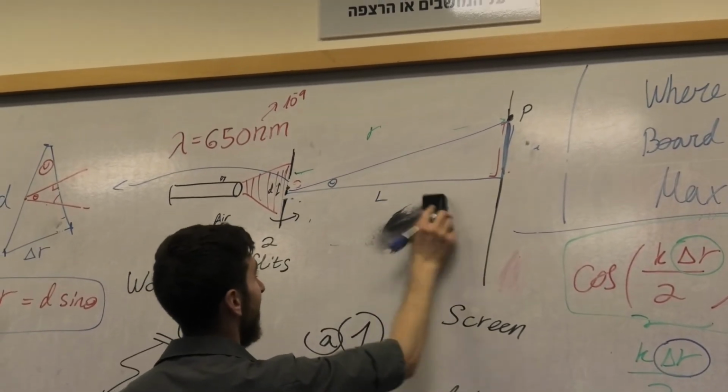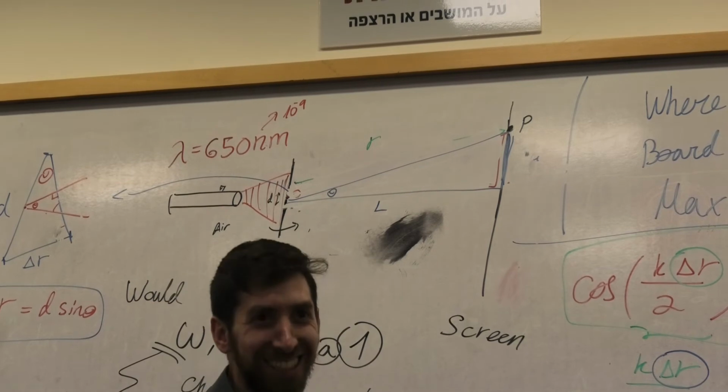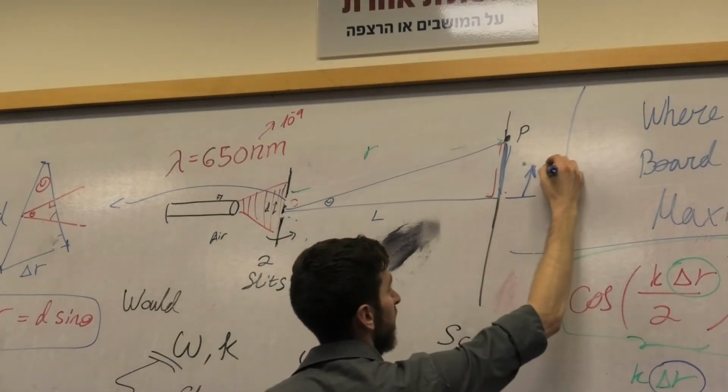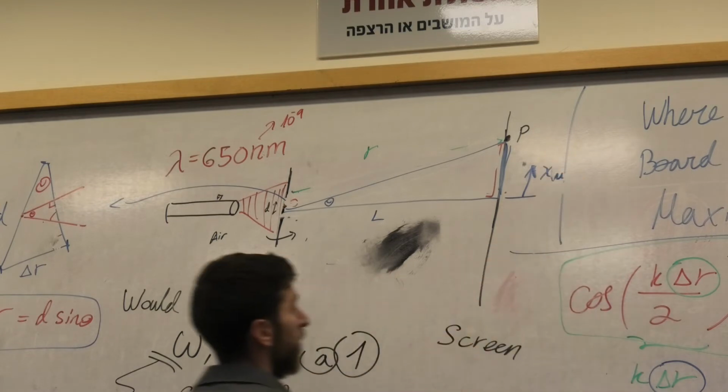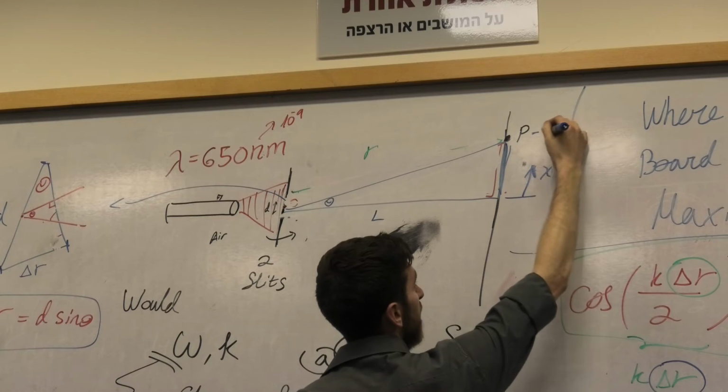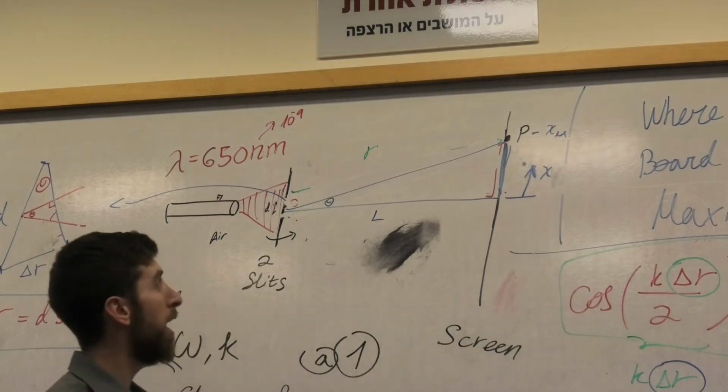Okay, so this is L, and here I want to put x. Sorry for that, xm. Okay, so xm. This is x, and this, for example, is xm because we're talking about a maxima.